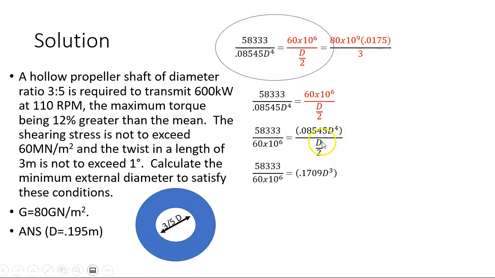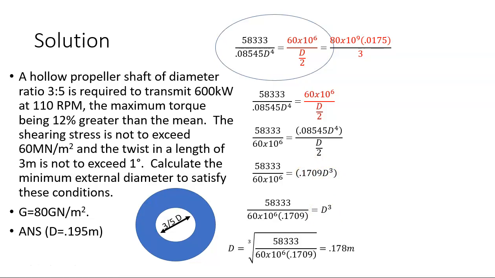So what I've done now is I've multiplied 0.08545 by 2. I get 0.1709, and d to the 4 divided by d gives d to the 3. So I just rearrange that to get an expression for d cubed. And when I put that into my calculator, I get d to be 0.178 meters. Okay, so that's the minimum diameter that it needs to be to satisfy the shear stress spec.